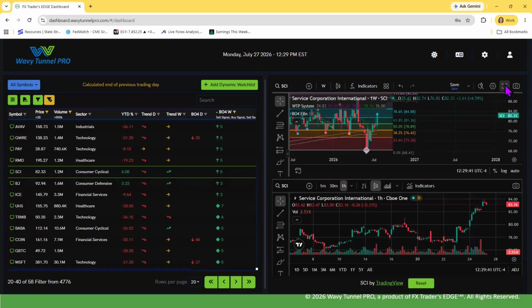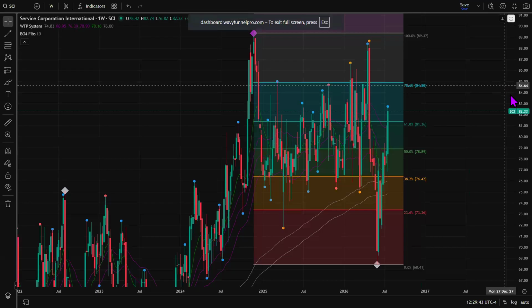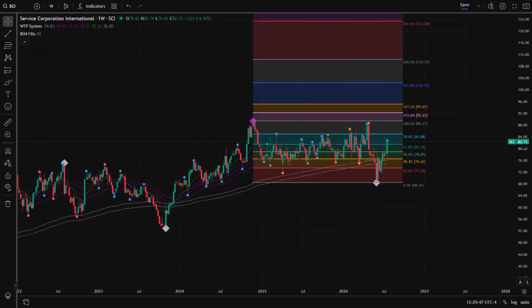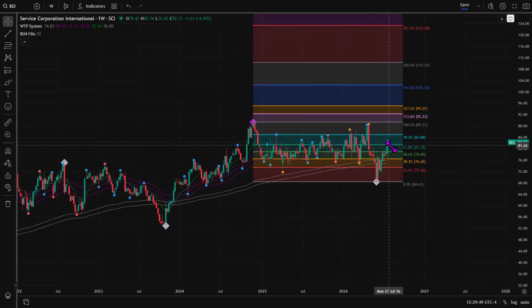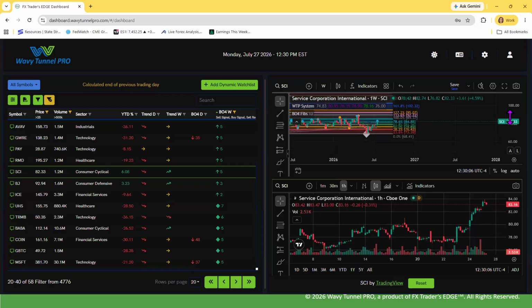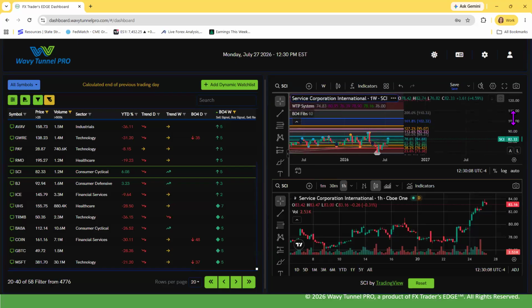Oh my goodness, look at this. Five candles. And look where we are. We closed above 61.8 already. We had a nice three-wave move down here and then blast off. Let's see where we're trading today. 83. So we're almost $1 higher.